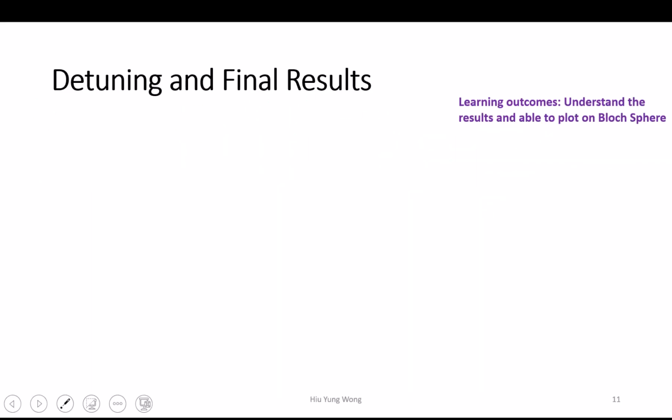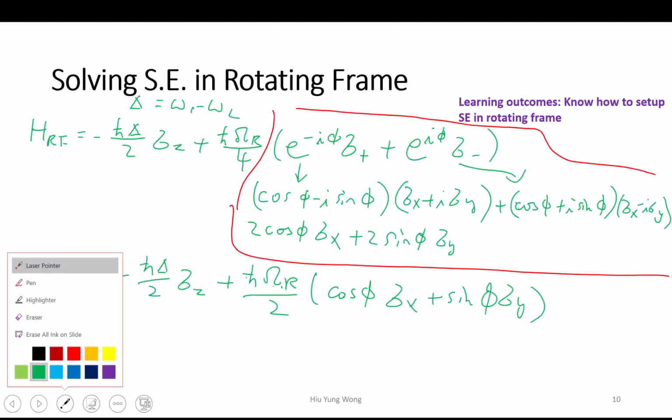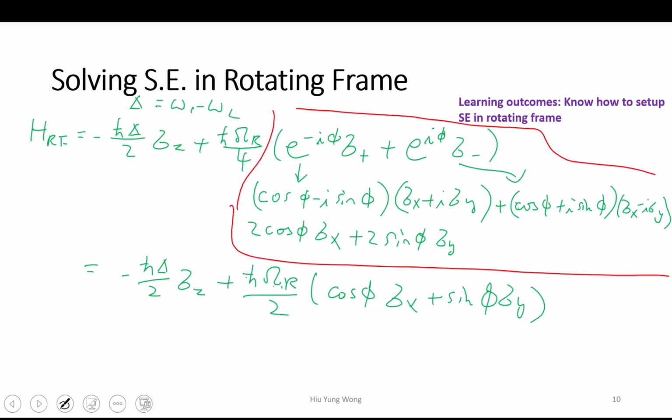This one can be written as what? h bar omega, a vector, divided by 2 dot sigma.